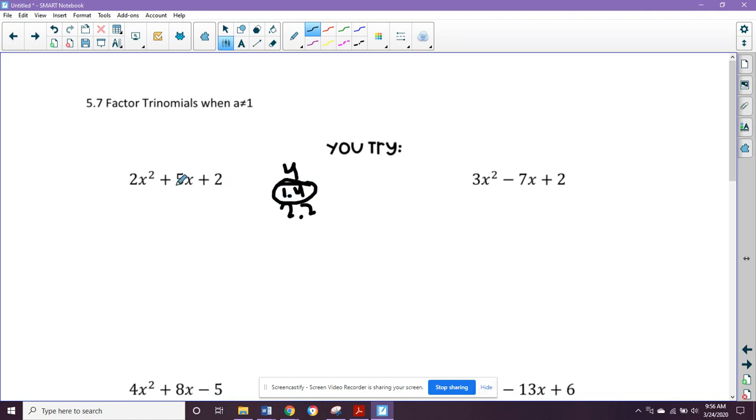So we're going to separate 5x into 2 separate terms. So we write 2x squared plus 1x plus 4x, and then we write our constant, plus 2.